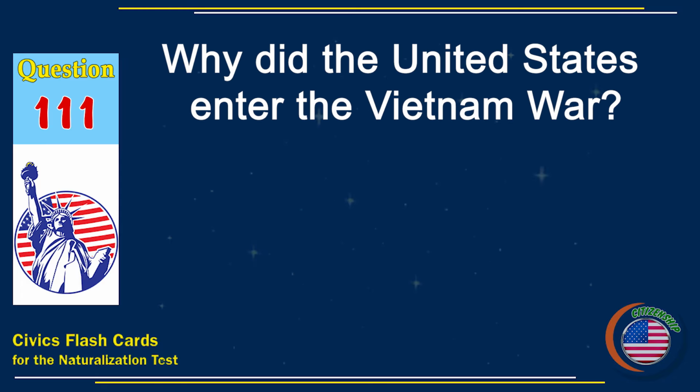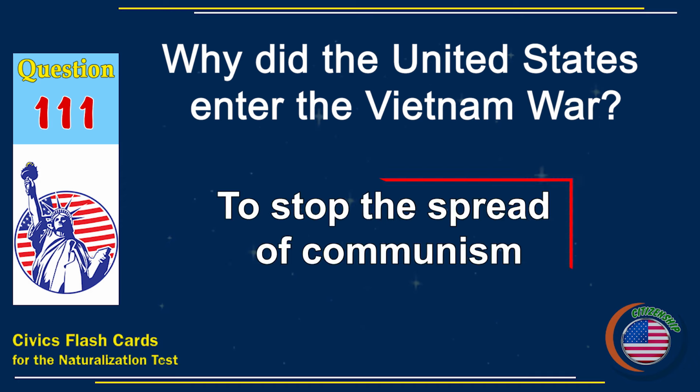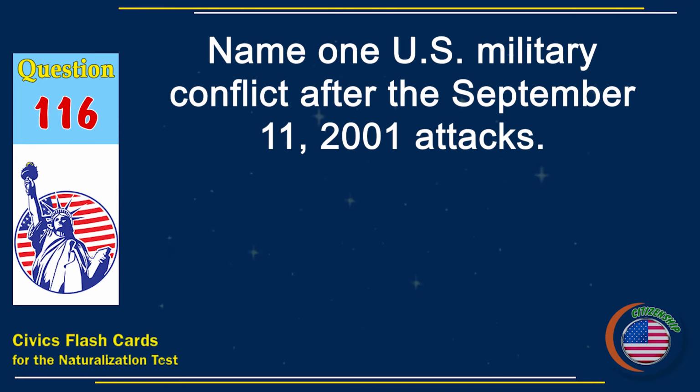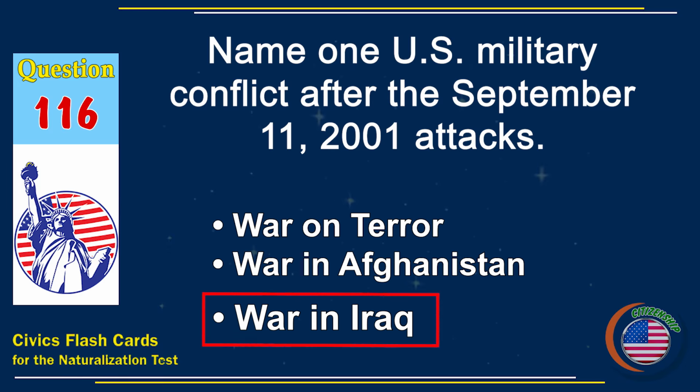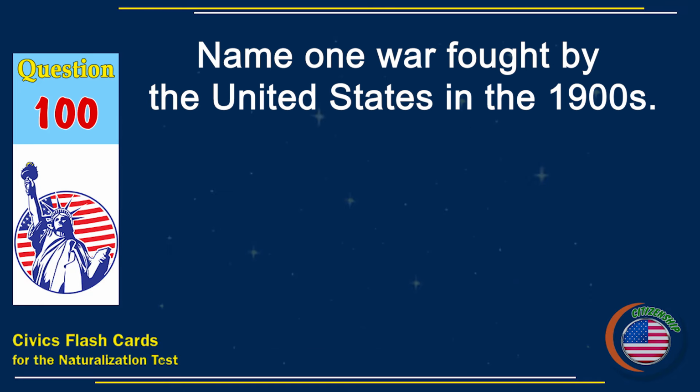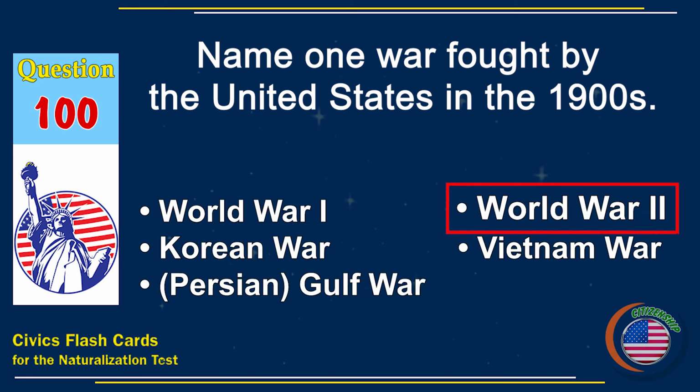Why did the United States enter the Vietnam War? To stop the spread of communism. Name one U.S. military conflict after the September 11, 2001 attacks. War in Iraq. Name one war fought by the United States in the 1900s. World War II.